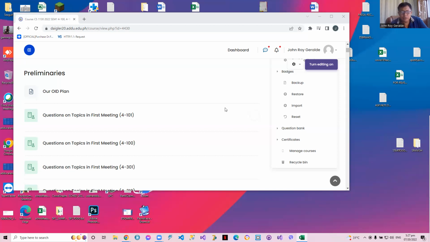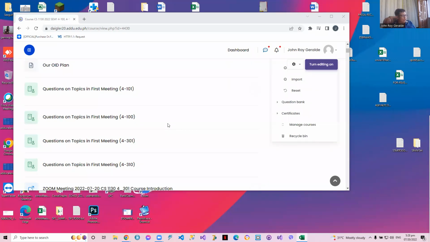So maybe in the future, if you need face-to-face classes, the blended learning facility provides for the face-to-face classes of laboratory subjects. There are other courses that are using that now, like engineering. They are doing face-to-face laboratory sessions. But as of the moment, anyway, we have an assignment, right? We are assigned to a laboratory, right?